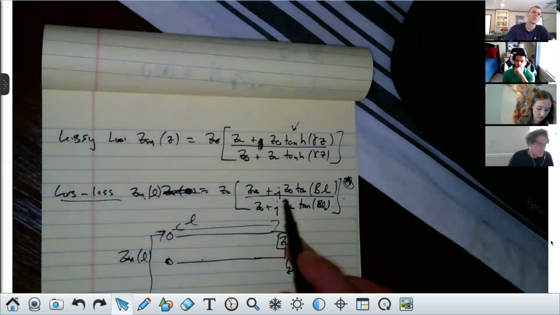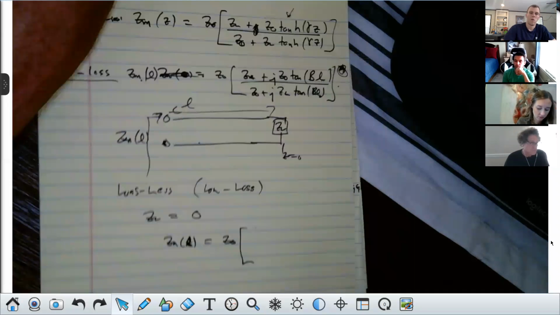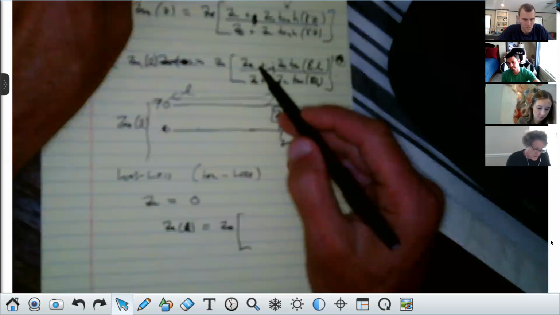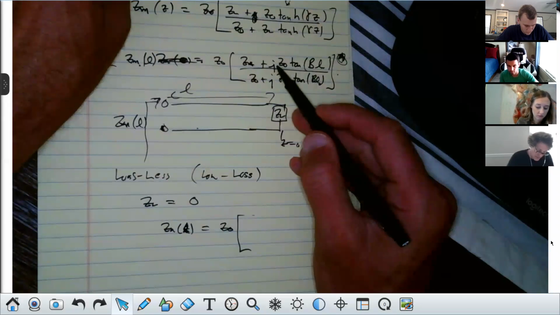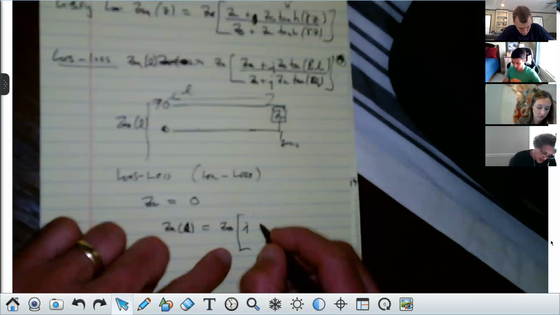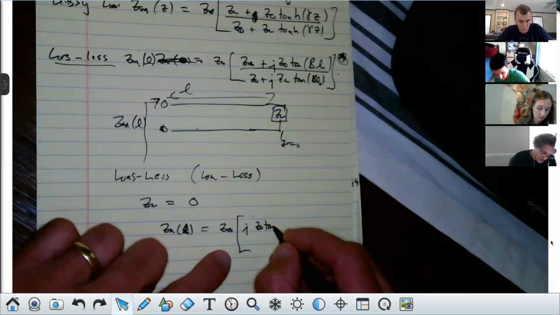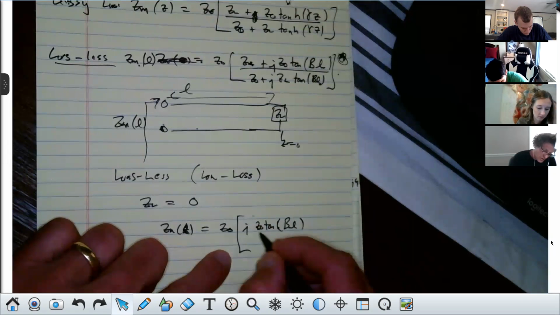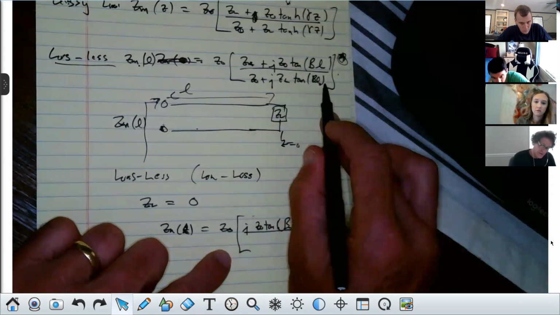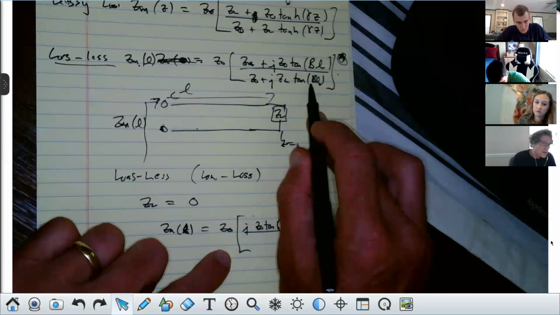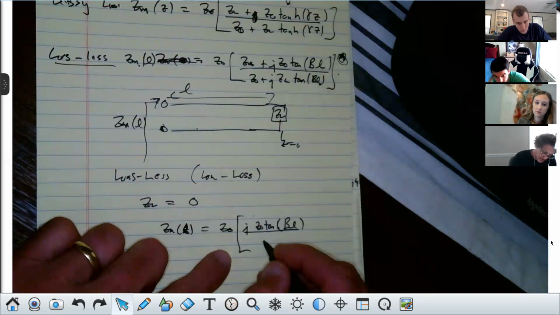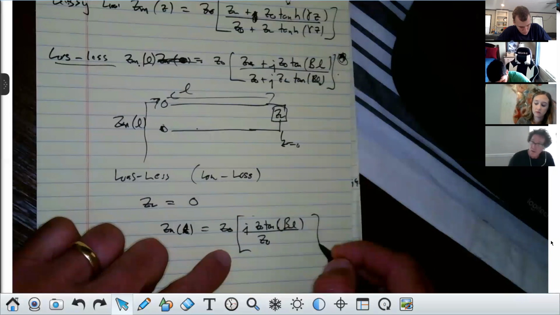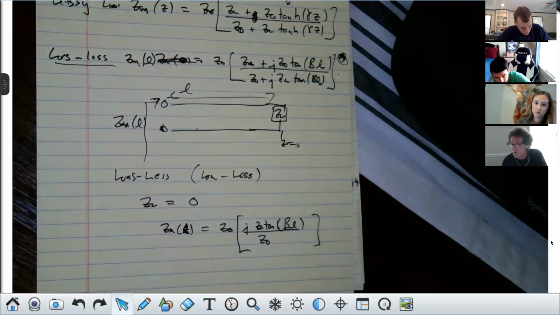Now remember, the load is 0. So ZL is 0. So I have j Z naught times tangent of beta L over, and remember, ZL is 0, so this term goes away, and I just have Z naught, correct? You all see what I'm doing? I let the load be 0.